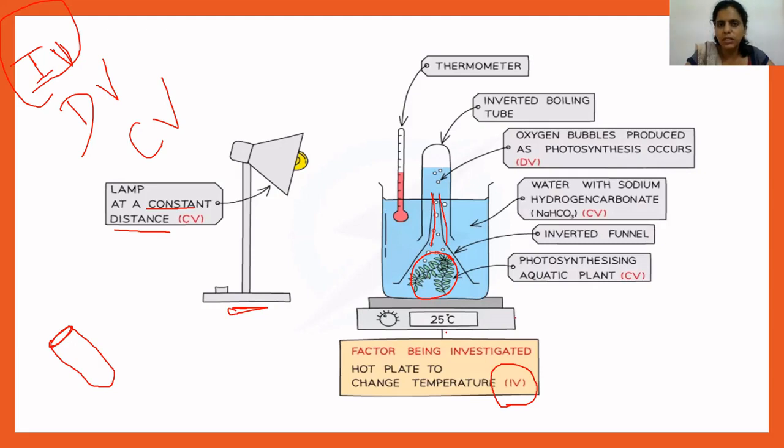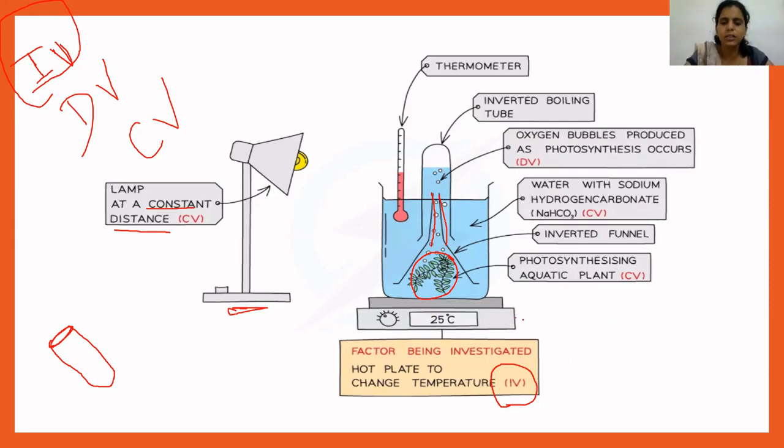First we will perform this experiment at 25 degrees Celsius, then maybe at 30, 35, 40, 45, 50, like that. And if we want, we can go below 25 also. It can be 20, 15, 10 degrees Celsius. So we can start from 10, 15, 20, 25, 30, 35, 40, 45, 50, like that.